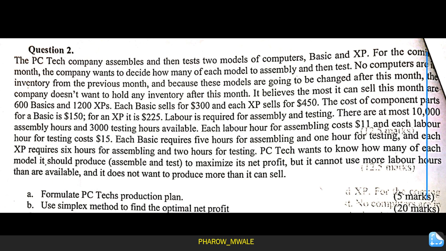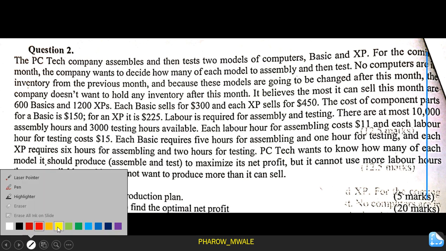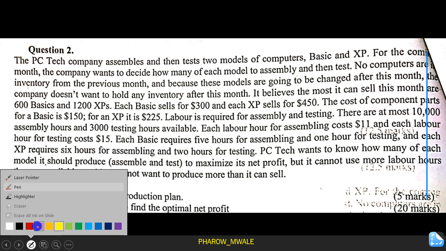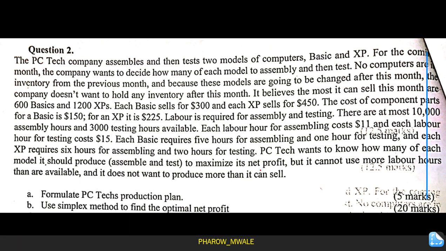Now, there are a few things that we must know, what the question is wanting us to actually do. So let us review briefly what the question is requiring us to do. What does the company want?